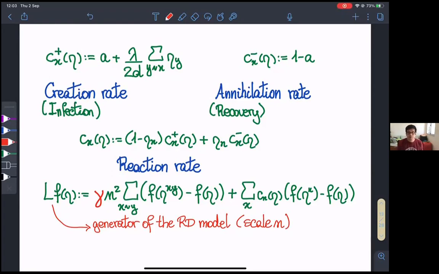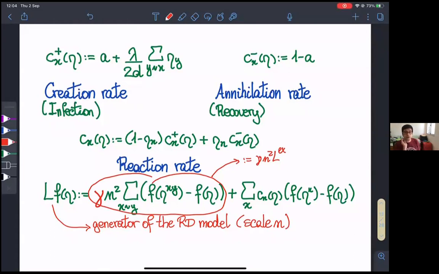And then the generator of the RD model at scale n is given by this formula here. The first part is what we call gamma n squared times L exclusion. So this is the exclusion part of the dynamics.